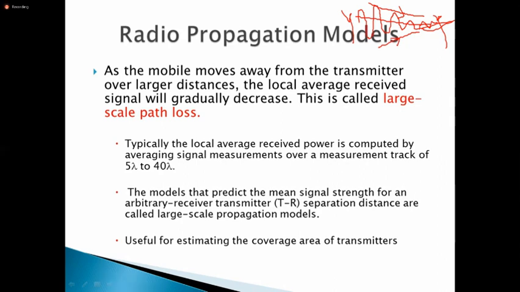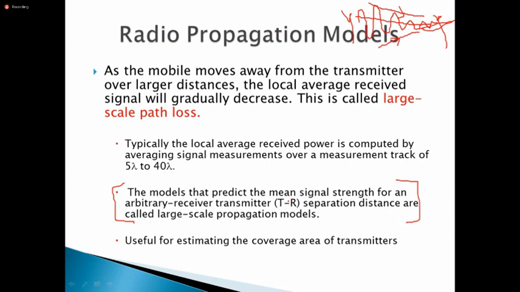Now, typically the local average received power is computed by averaging the signal measurement over a measurement track of 5 lambda to 40 lambda. This is not very important, but at this point, the models that predict the mean signal strength for an arbitrary transmitter-receiver separation distance are called large scale propagation models.